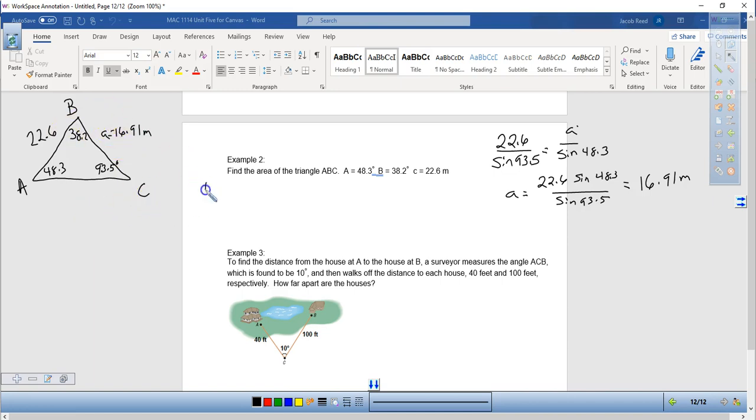After I know this, I can now use the sine formula. I'm going to use this one. We'll go ahead and list it for you: 1/2 ac. So I know little a, I know little c, which means that then I'm going to have to use the sine of angle B. That's the way the formula goes. So I got 1/2 times 16.91 times 22.6 times the sine of angle B, sorry for that, which is going to be 38.2.